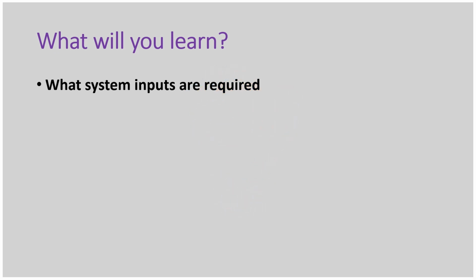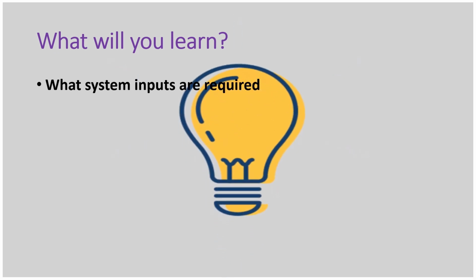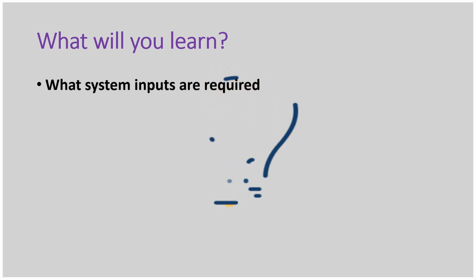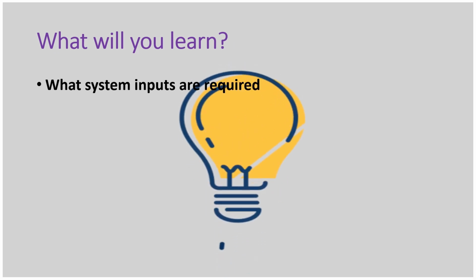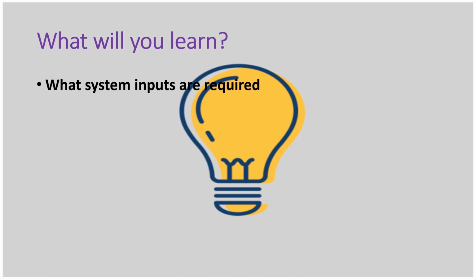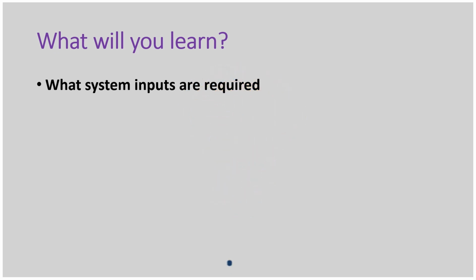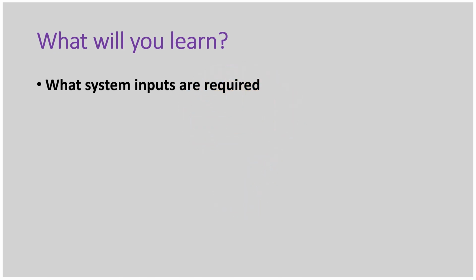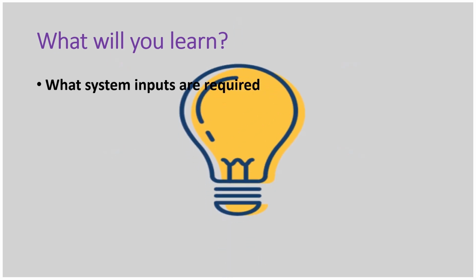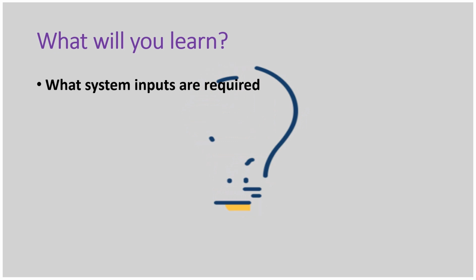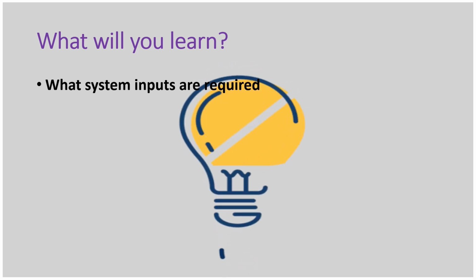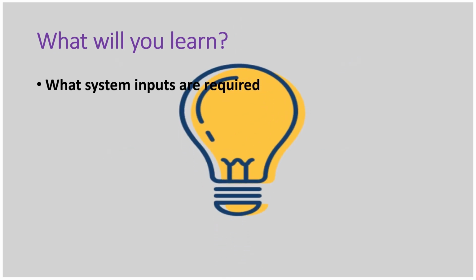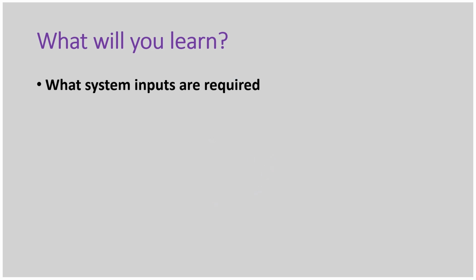Now what is the system input here? You know that 10 kg load you want to displace. So this is the kind of system input, and many times the system is complicated, so you are not sure what kind of system inputs are required. At the end of this video you will know how this digital engineering tool will help you to know what your system inputs are.